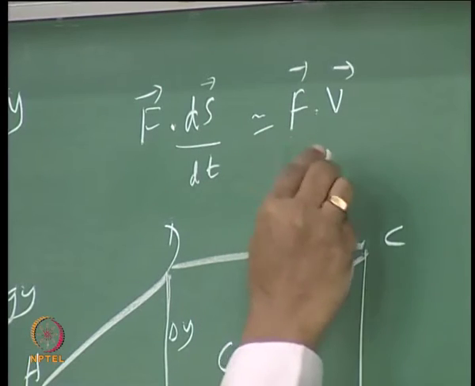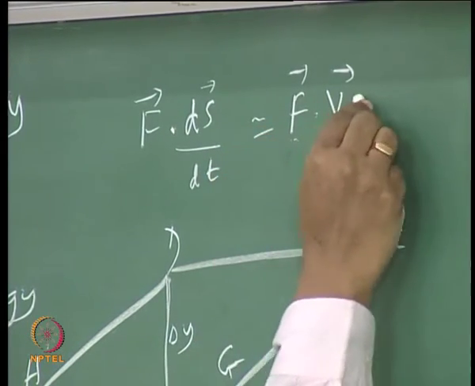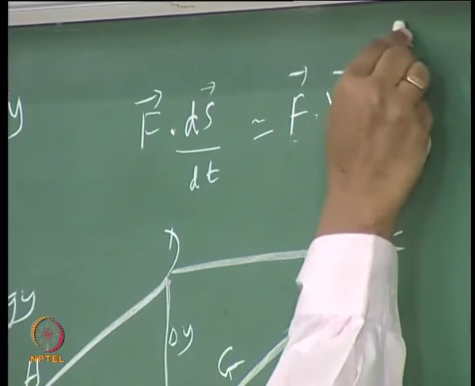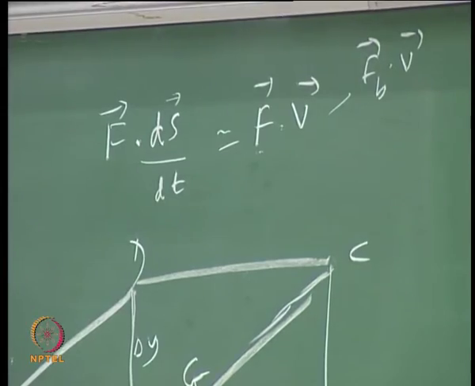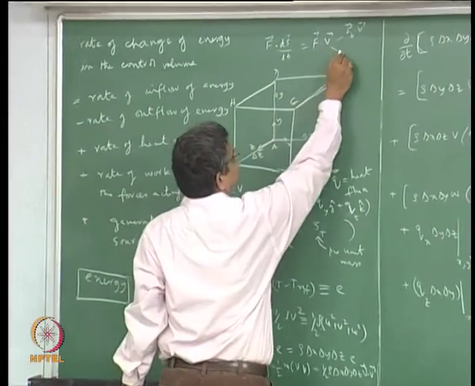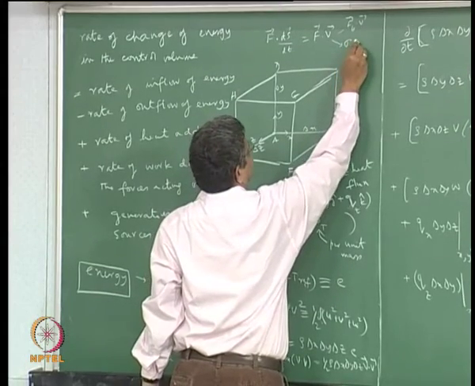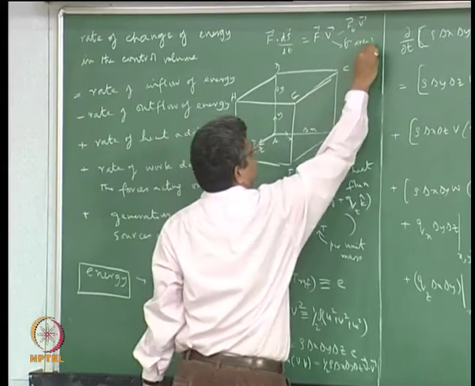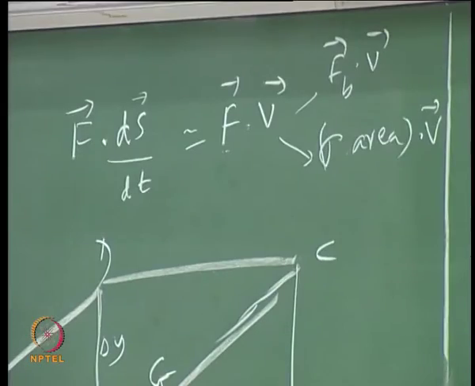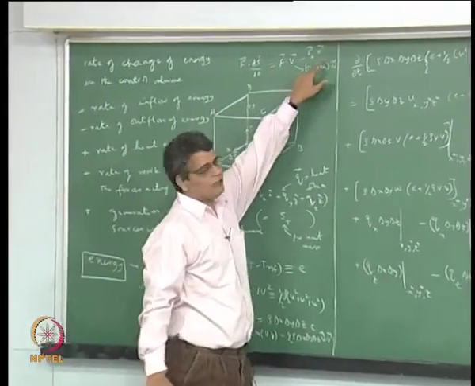In the case of body forces, we evaluate the body force. So this will be Fb dotted with V, and in the case of stresses, we have to look at the stress times the area to convert into a force, and that is dotted with V. So we have to consider the various stresses and body forces, and there are 3 components here.